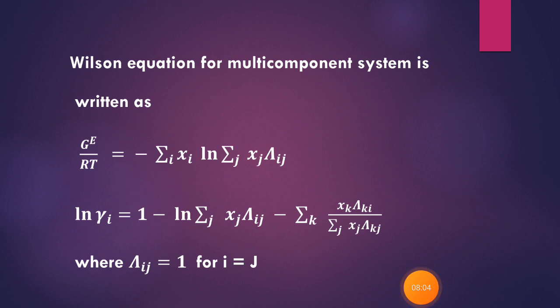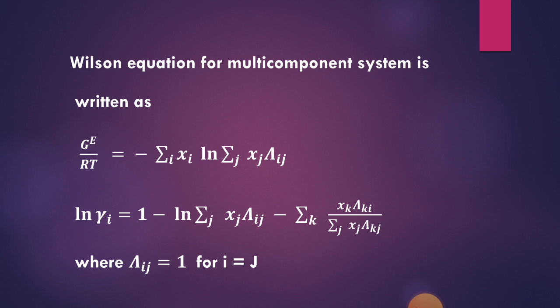The Wilson equation for a multi-component system can be written as follows. Now that we have written it for a binary system, we are writing it for a multi-component system. GE by RT is equal to minus sigma i xi ln of sigma j xj lambda ij.